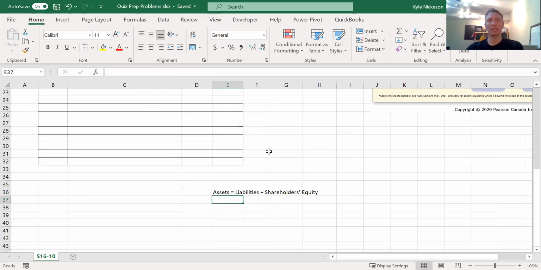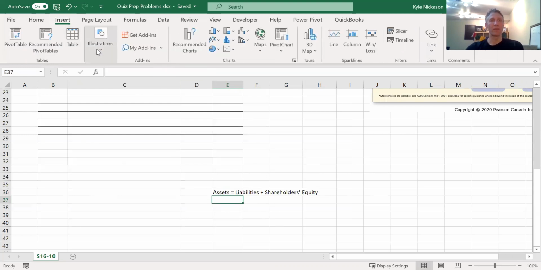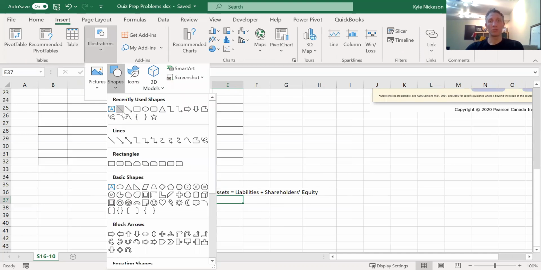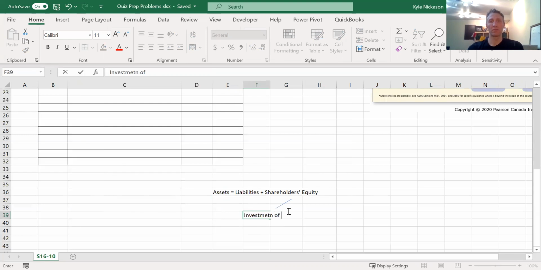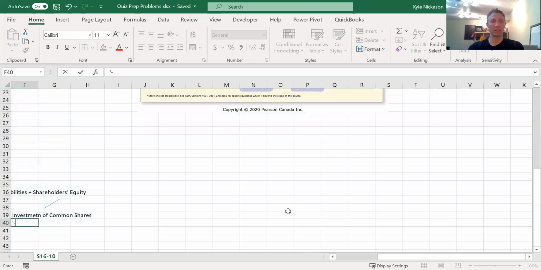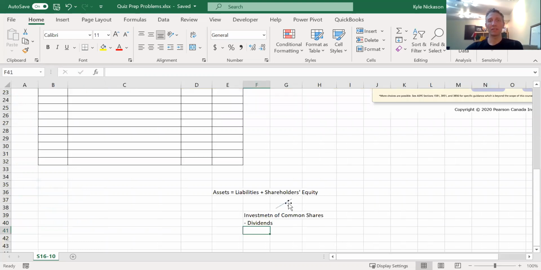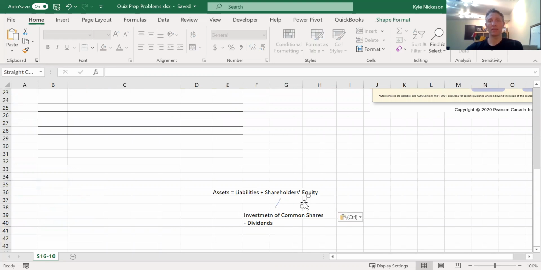Now, shareholders' equity can be further broken down into investment of common shares minus dividends. Whoops, I'm sorry about that. Minus dividends. So it's a combination of these direct to equity accounts, or it's a combination of accumulated net income.